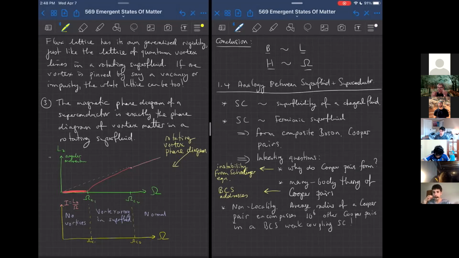So you can't really think of them as sitting close together in space. So this has two consequences. So one is that therefore Cooper pairs are clearly interacting.